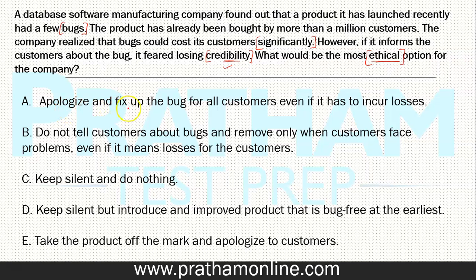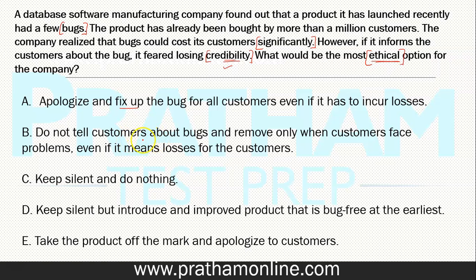Apologize and fix up the bug for all customers even if it has to incur losses. So that means first thing is obviously say that there's a problem with this database software, and the company would fix up the bug for all customers even if it has to incur losses. I think this is one of the feasible solutions so far because we have read only A, because it gives a solution to two problems.